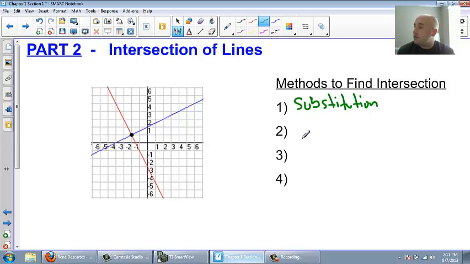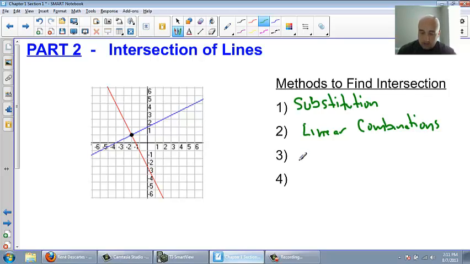A lot of people didn't like that too much. Then we had linear combinations.